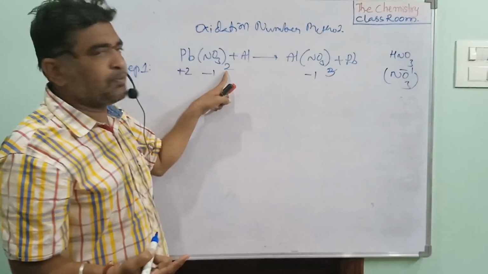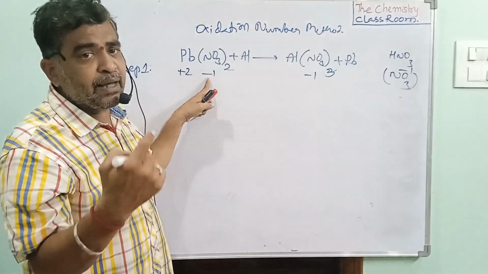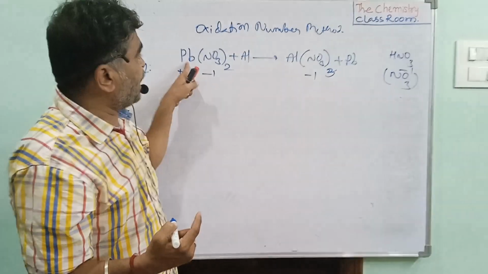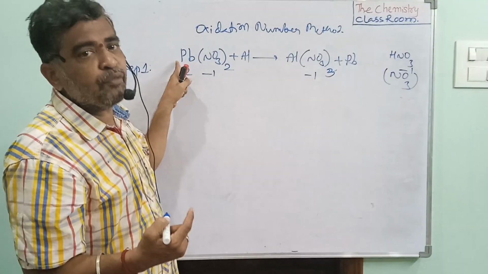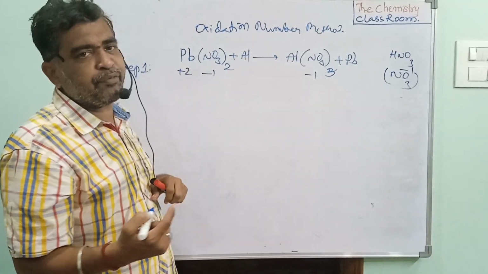How many NO3s do we have? 2. So -1 into 2 is -2. So x minus 2 equals 0. The sum of oxidation numbers is equal to 0. From there, x equals +2. It is the oxidation number of lead. Already in the previous videos we learned how to calculate the oxidation number.